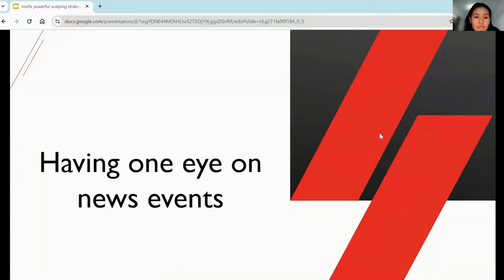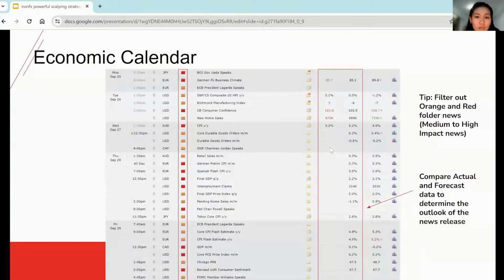Okay, now let's get into the news component of this. One way to keep an eye on the economic events happening around the world is by using an economic calendar. The one that we typically like to use is forexfactory.com. You can see here, this is what the interface looks like. It gives you the currencies that are impacted by the economic event.